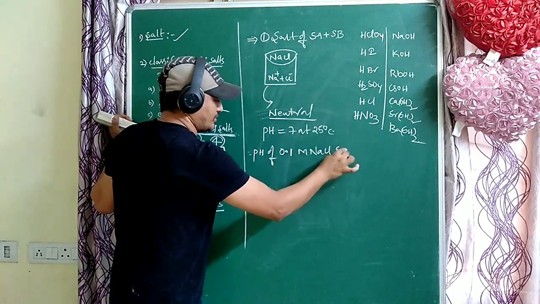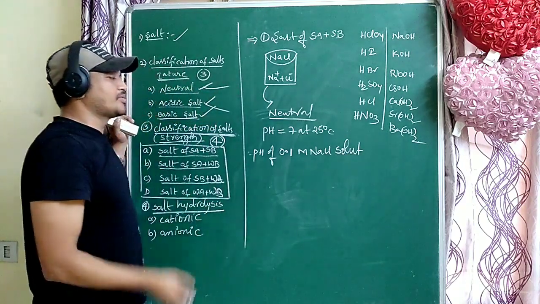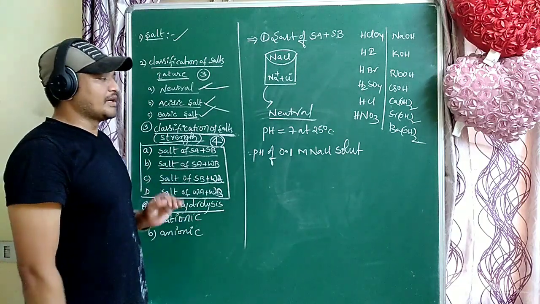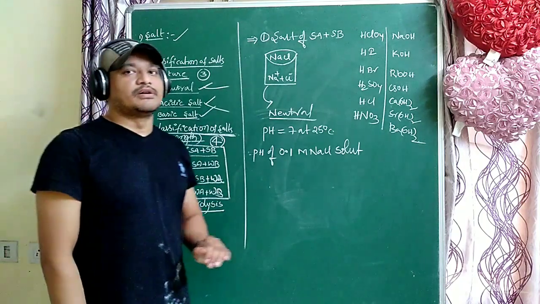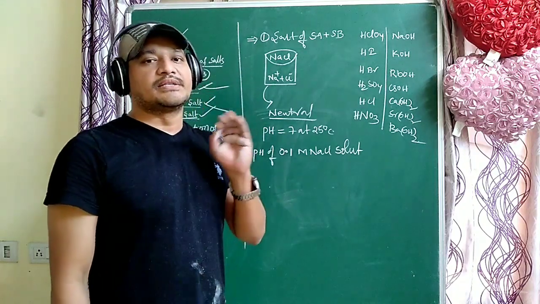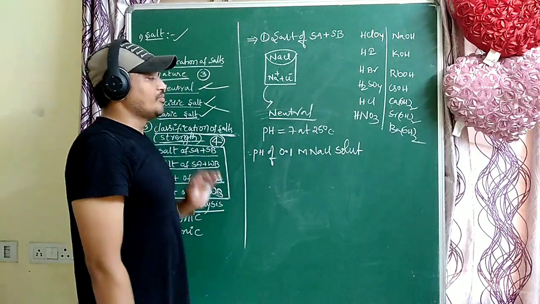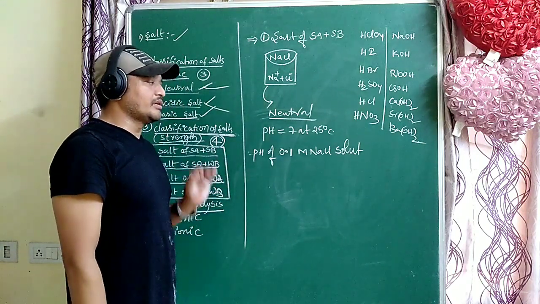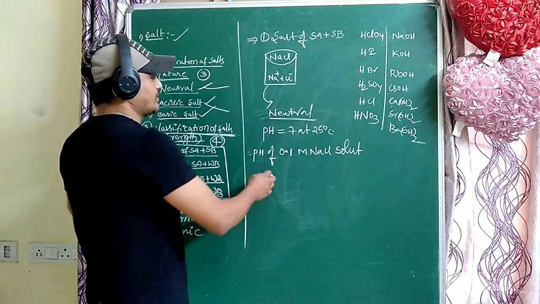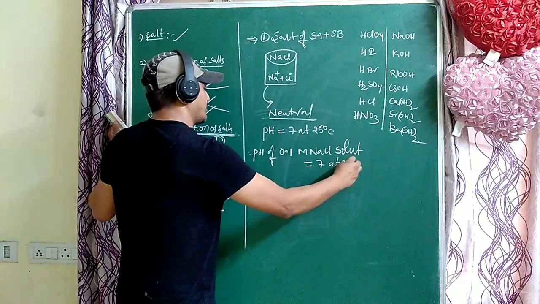For this type of salt, the pH value does not depend on the nature of the salt or on its concentration. Here the pH value is 7 at 25 degrees.